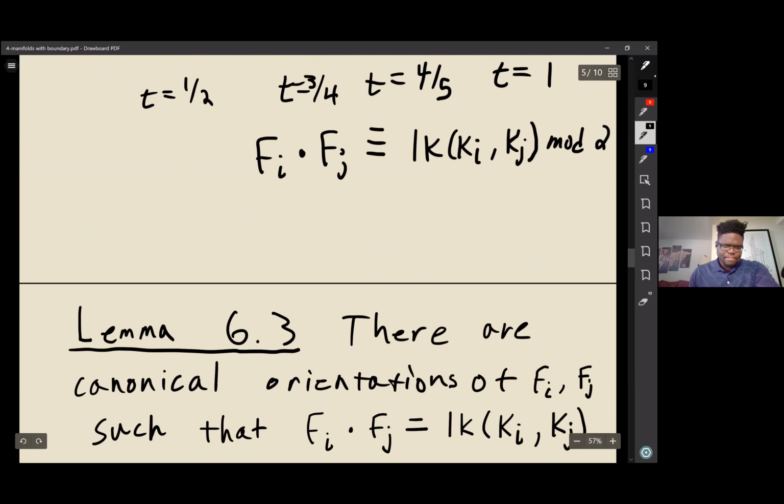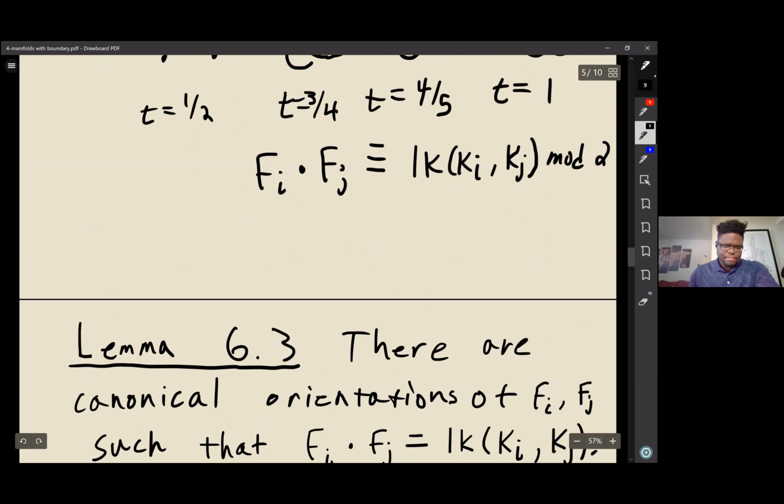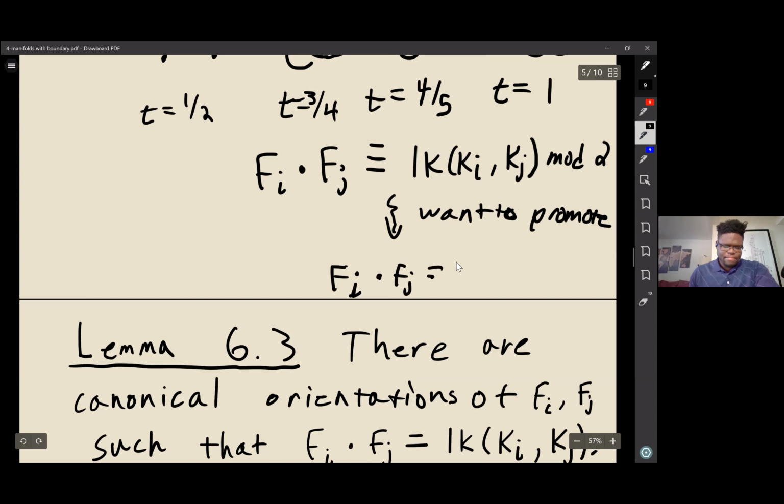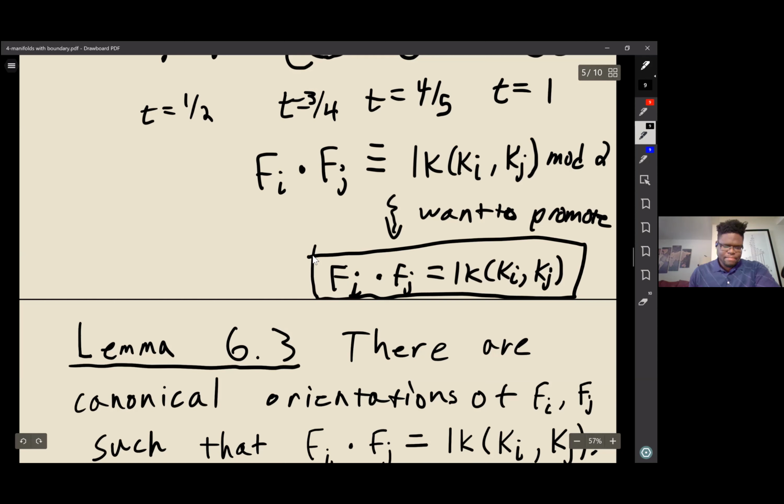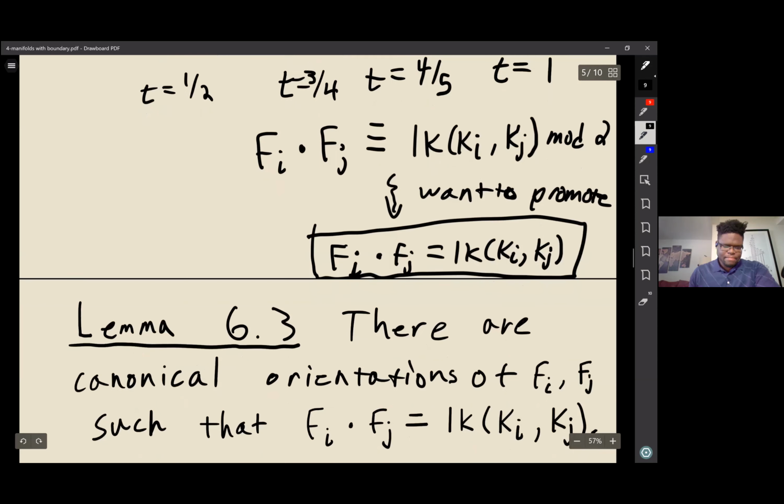So the only issue here is that we need to sort out a way to orient these surfaces so that we don't just get this. We'd like to promote this to an actual on-the-nose equality, so that we can just compute this explicitly and be done with it.